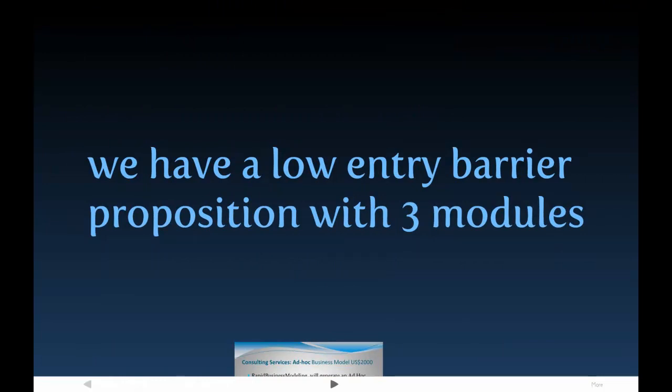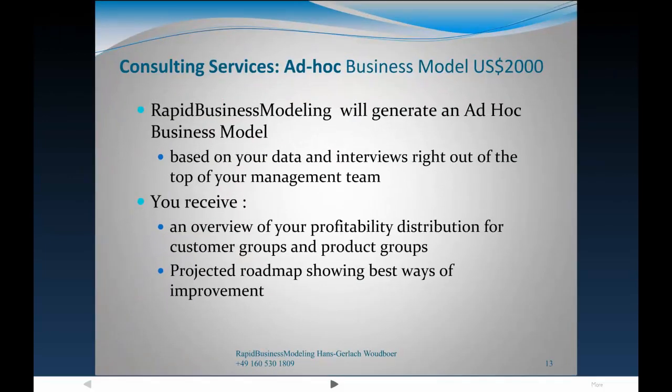And in order to get you going, we have a low entry barrier proposition with 3 modules. So the first module is for 2000, and you will get generated an ad hoc business model based on your data, based on interviews right off the top of your management team. So you would receive an overview of your profitability based on this, and the distribution for customer groups and product groups.